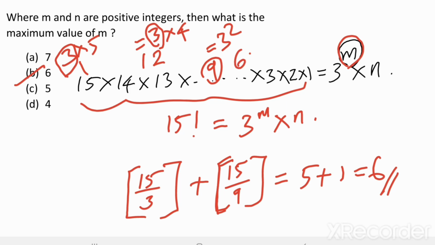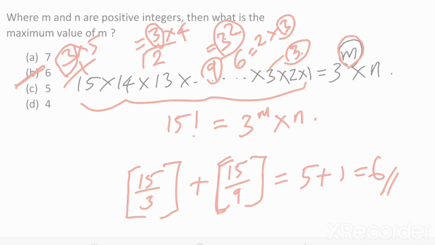Then in 6, 2 into 3. We got another 3. Then in 3, here only 1 3. So total 1, 2, 3, 4, 5, 6. Total there are 6 3's. So the maximum power of 3 equal to 3 power 6. That is value of m equal to 6. Option B is the right answer.